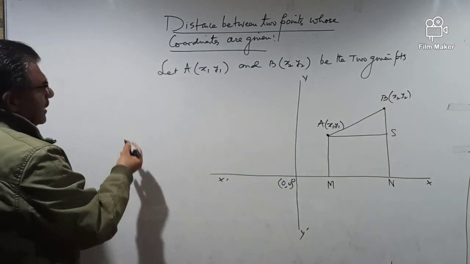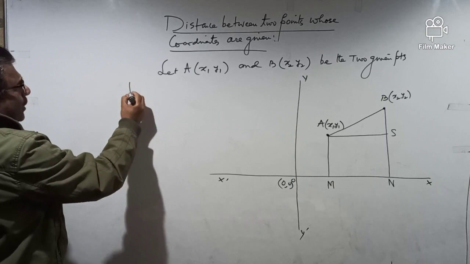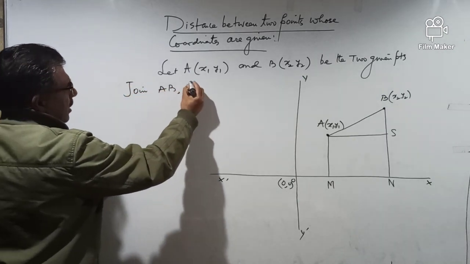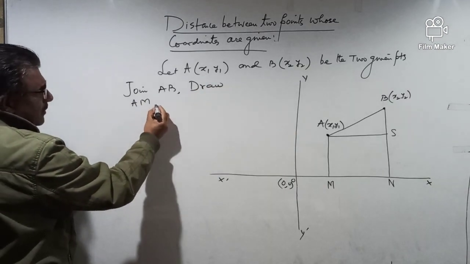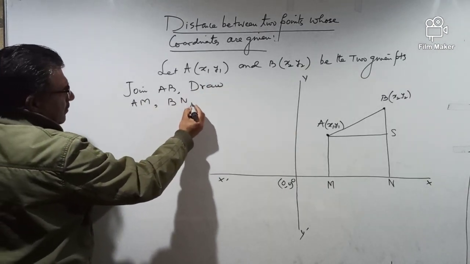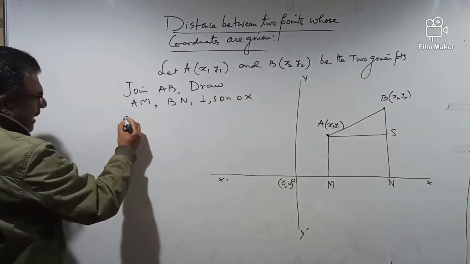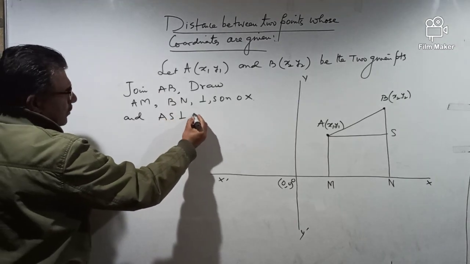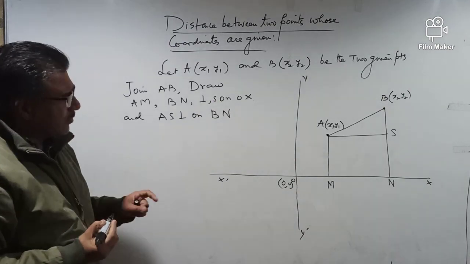So you write it: let us join AB. Draw AM and BN perpendiculars on OX, and AS perpendicular on BN.